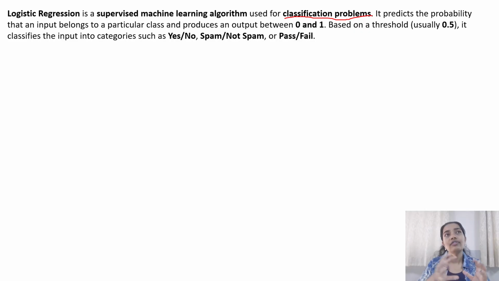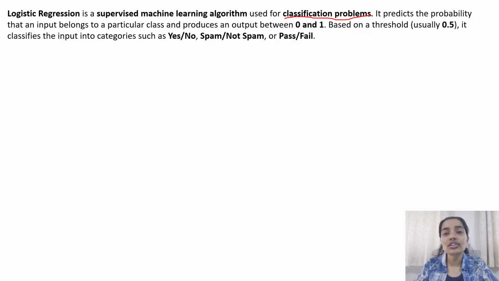Basically, first we find out the probability, and then we compare it with 0.5. If the result is greater than 0.5, then we say that it is a positive result. For example, if it is spam or not spam, yes or no, it will be yes if the probability is greater than 0.5.